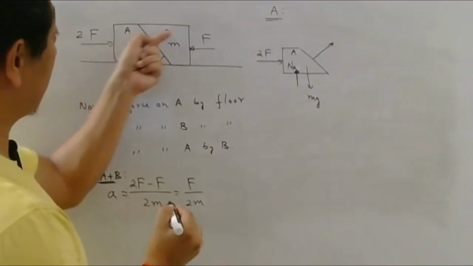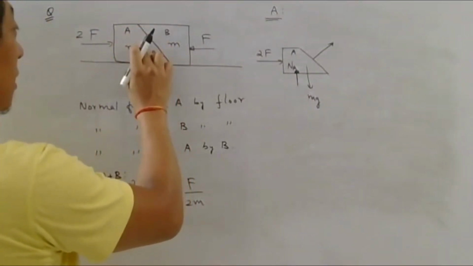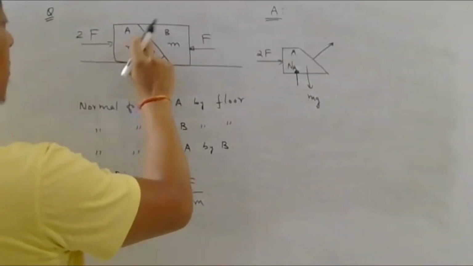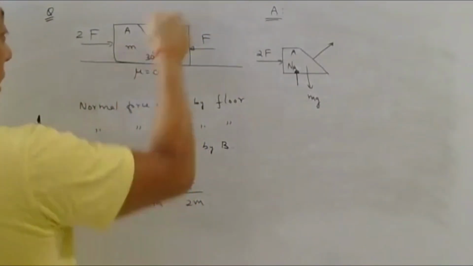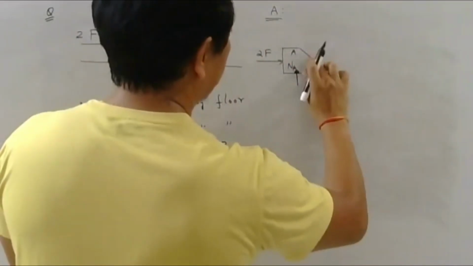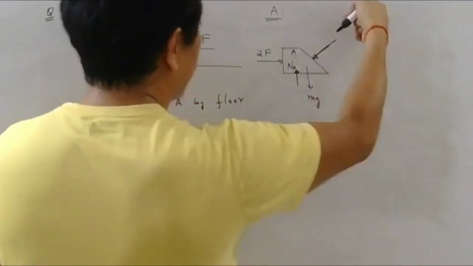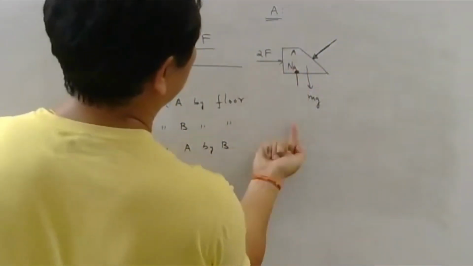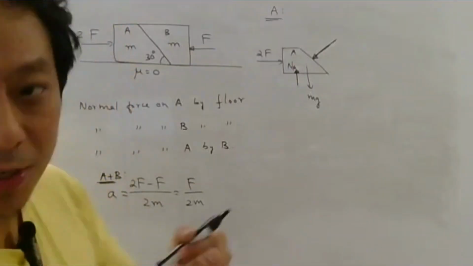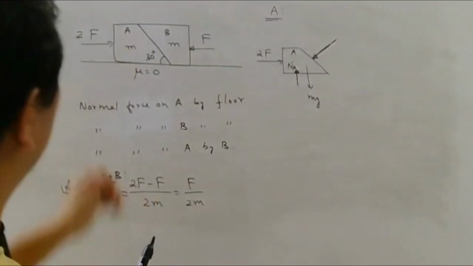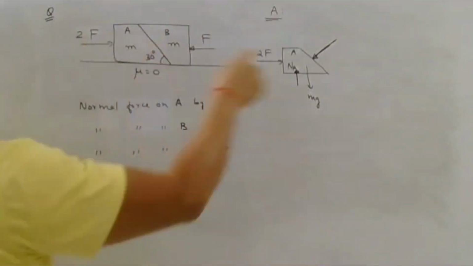So be very careful when you show the normal force here. On B by A, the reaction will act on A by B. So A is pushing B this side, so B will push A this side. It is a pushing force, so it cannot be away, it has to be towards. Normal force is always towards the system. Tension force is away from the system because one is a pulling force, one is a pushing force.